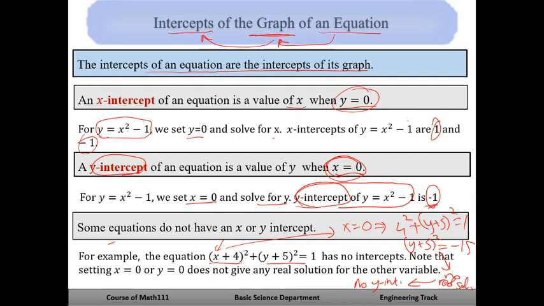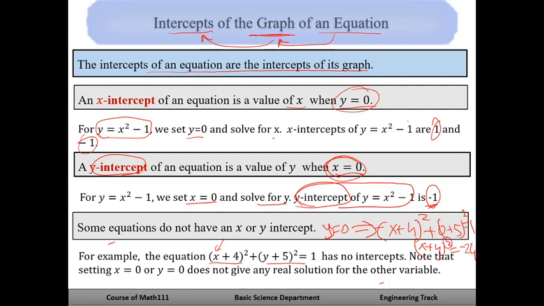You can also solve the same thing for x. Say y equal to 0 and solve for x. Then you get (x plus 4) squared plus 0 plus 5 squared equal to 1, and when you solve this, you get (x plus 4) squared equal to minus 24.